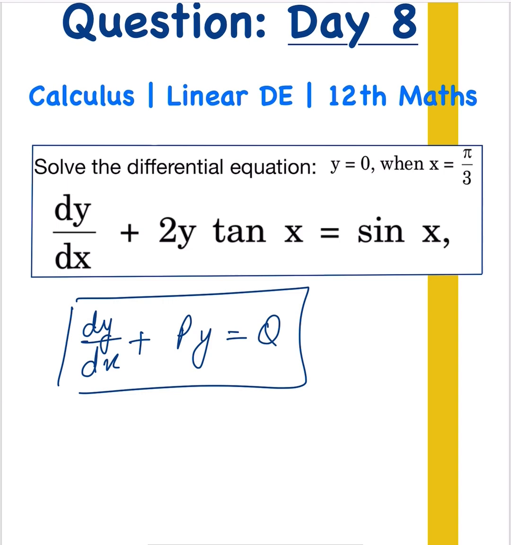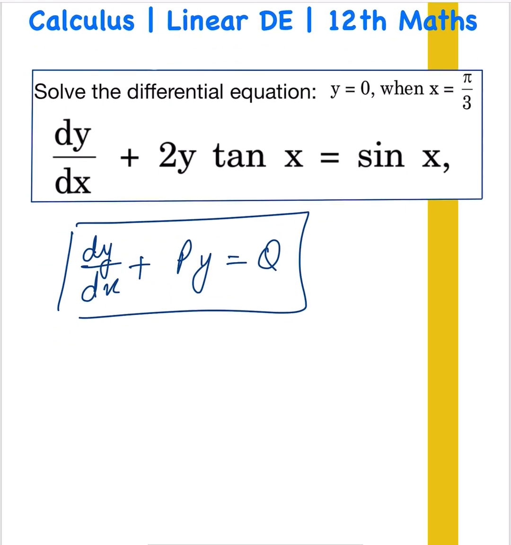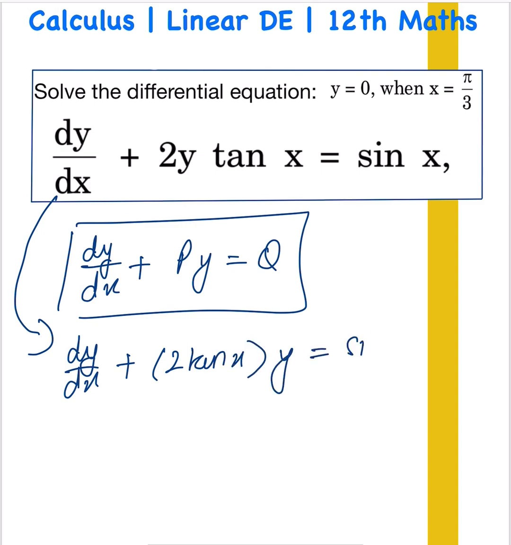If you look closely, we actually see this form, but we have to make slight adjustments. What do we do? Start with dy by dx. You write your P in one bracket so that it is clear to you. We will write 2 tan x in the bracket and we'll keep the y outside and we are going to keep the Q outside.